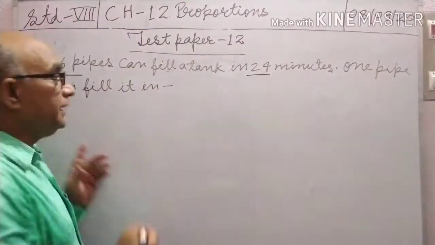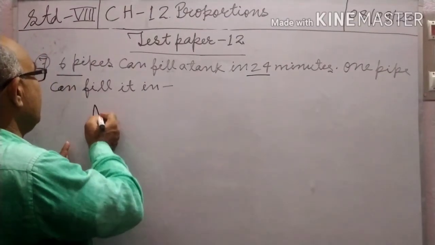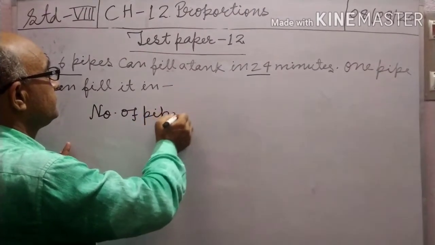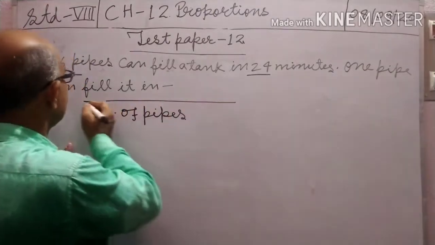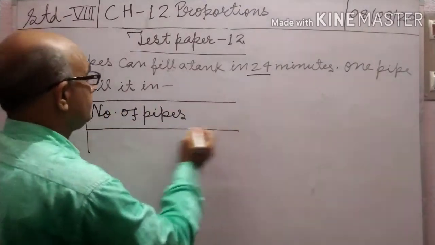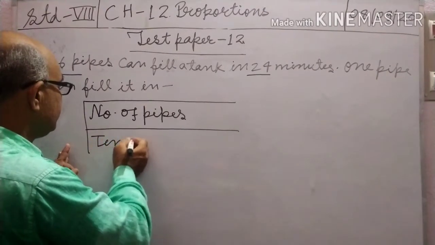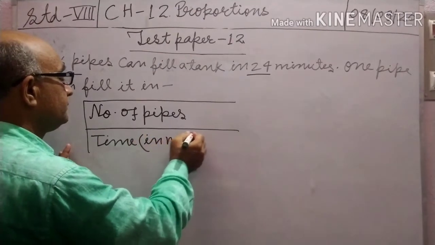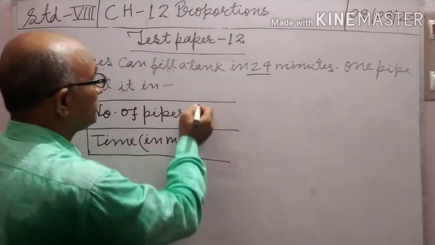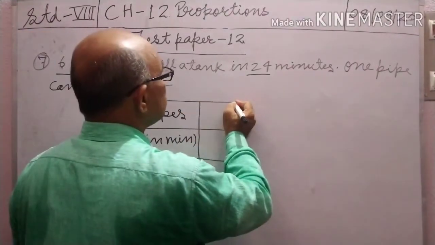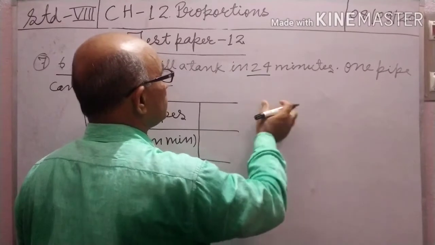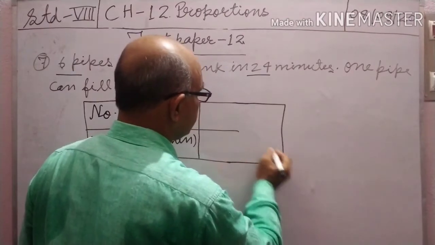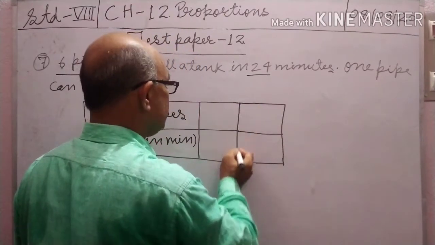In how many minutes can 1 pipe fill it? In the first column write number of pipes, and in the second column write time in minutes.